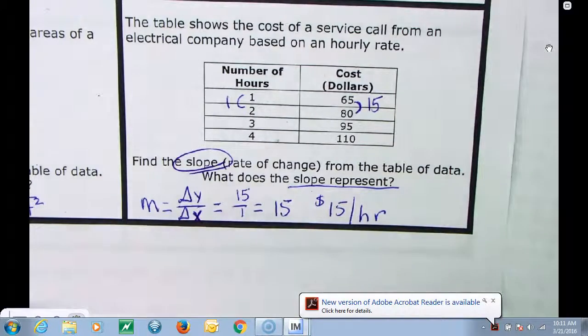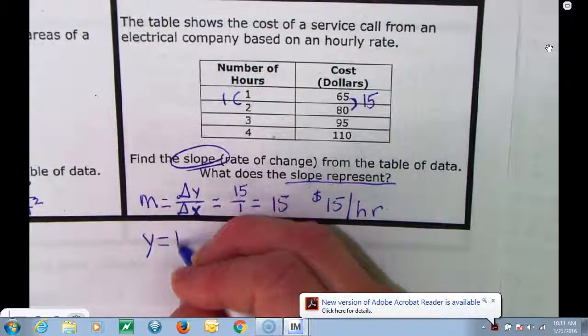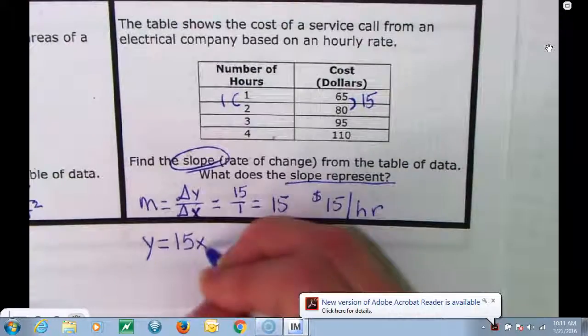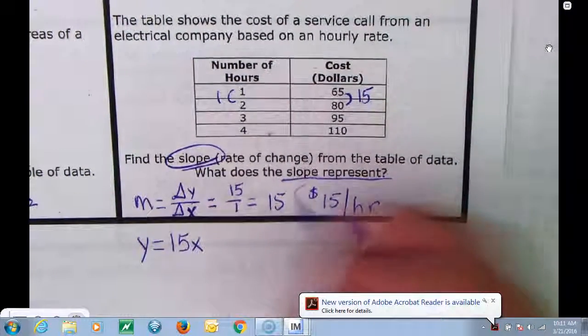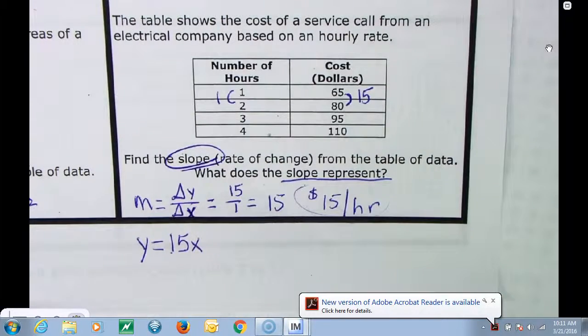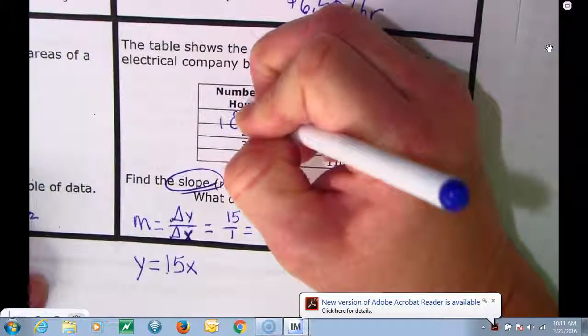Let's go see if that's proportional. So we know it's Y equals 15x. Why didn't everybody know that? This is the third one we've done. 15 is the slope. So we're going to put Y equals 15x. Now, we could count backwards and get to 0.